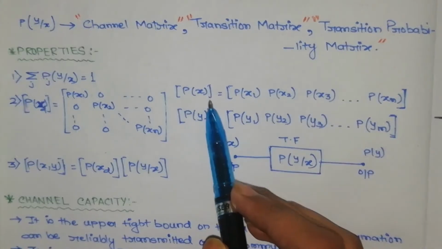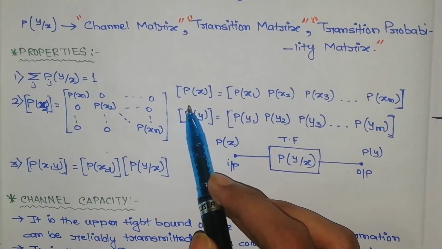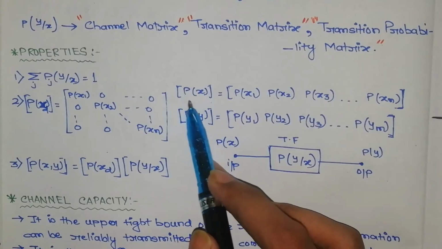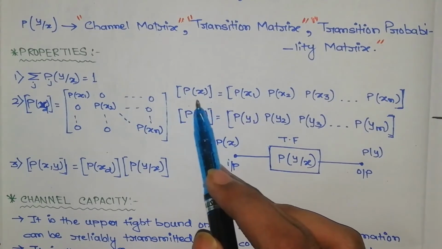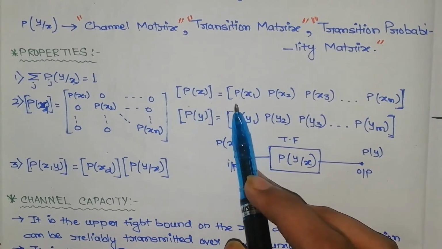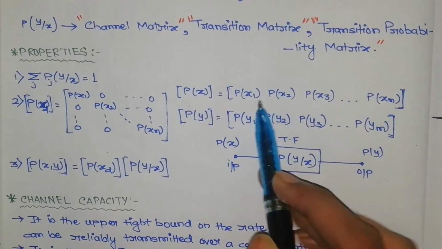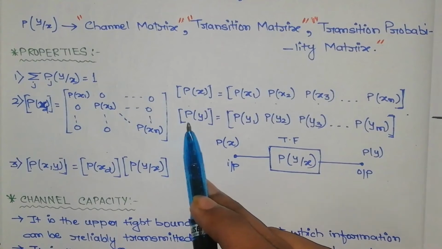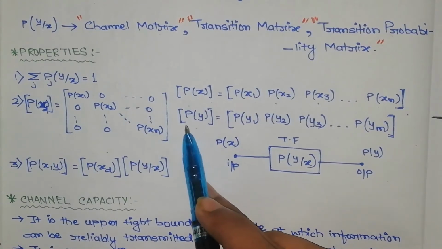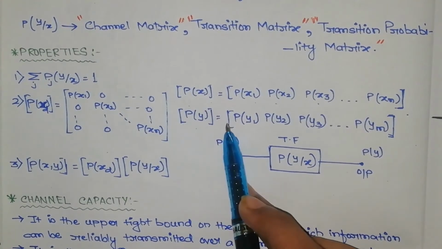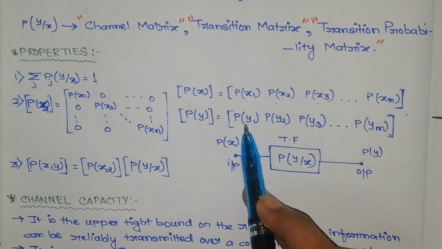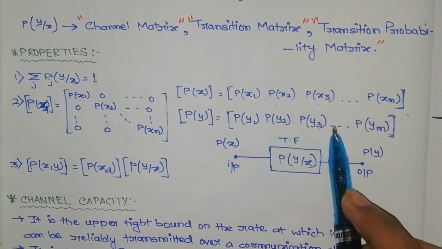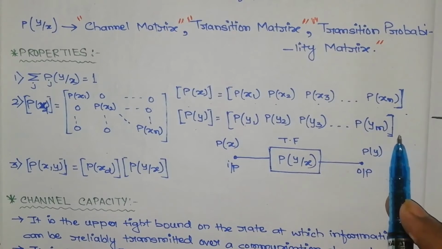And there's a general sense of understanding, like the probability of the whole input, the p(x) matrix, can be represented as a matrix of p(x1), p(x2), p(x3) up to p(xn). Similarly, the matrix for the probability of outputs, that is the p(y) matrix, will be represented as a matrix of p(y1), p(y2), p(y3) up to p(ym).